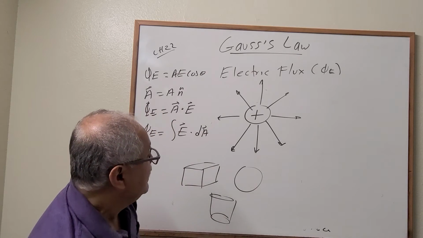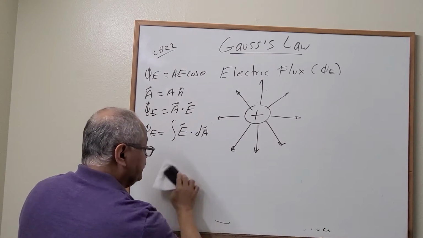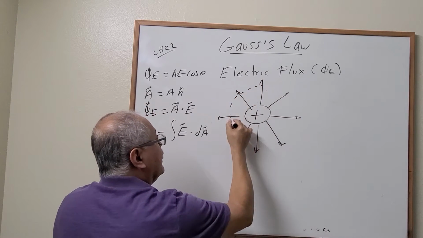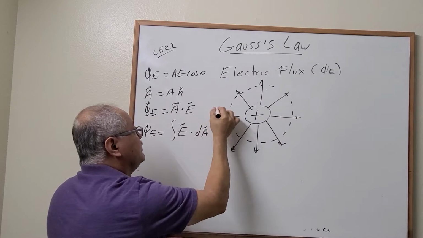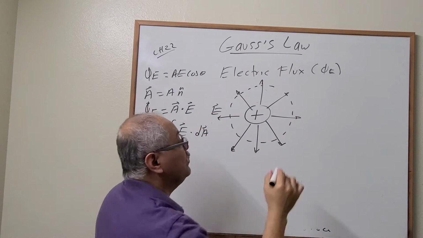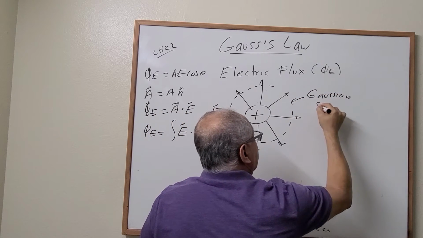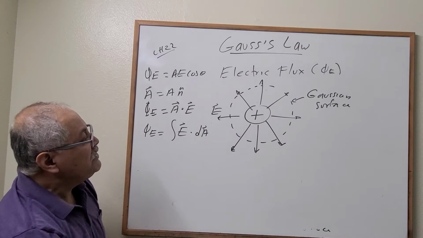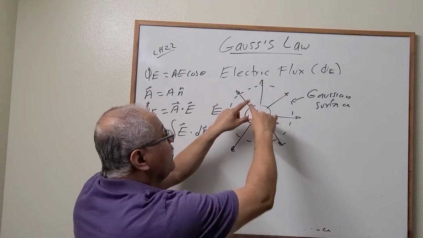Depending on the symmetry, let's use this sphere as the Gaussian surface. Now let's try to calculate the electric flux going through this surface.